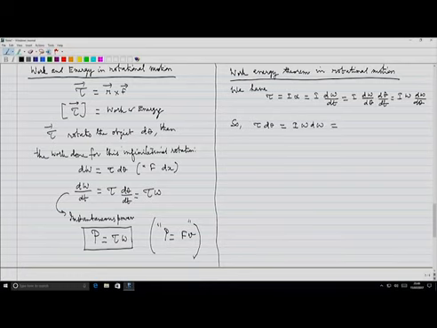But what is tau times d theta? Remember, this is the torque tau acting on the body inducing an angular displacement d theta. Therefore, it is the amount of work done by the torque in rotating the body by d theta. Now we can integrate on both sides.